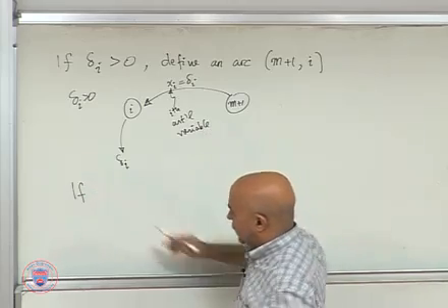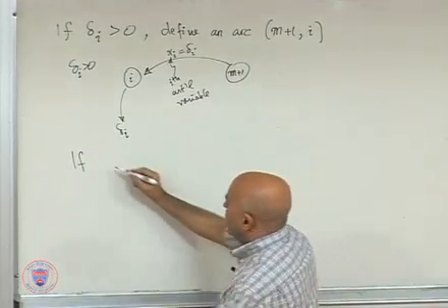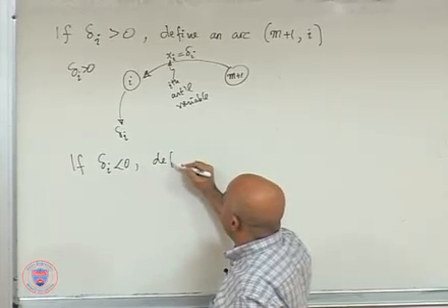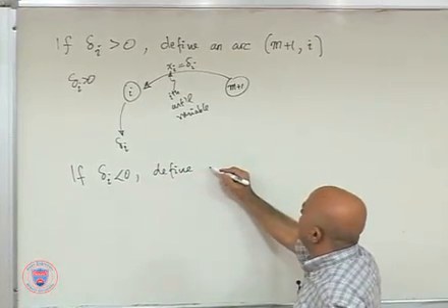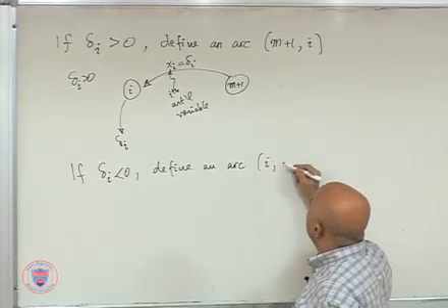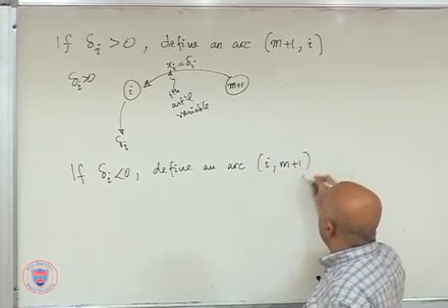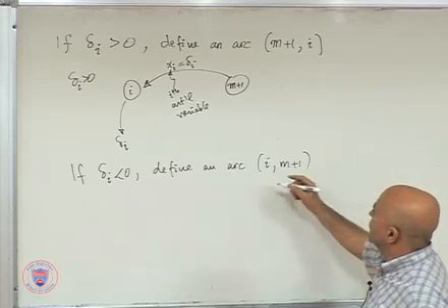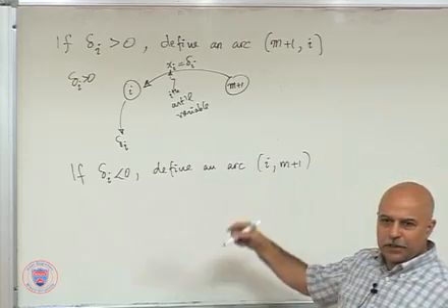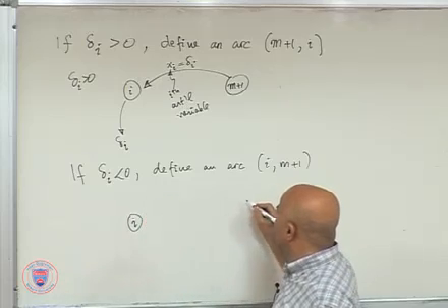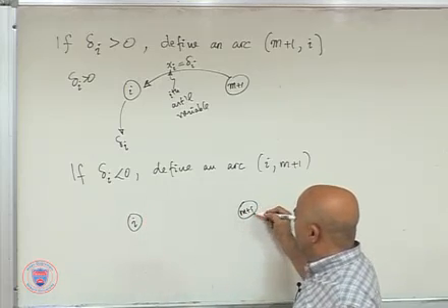If, on the other hand, delta I happens to be less than 0, we need to define a reverse arc. Define an arc I to m plus 1 and a variable xi associated with this. So in this case, I is here, m plus 1 is here.